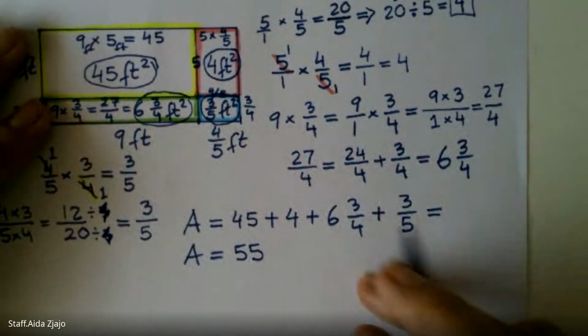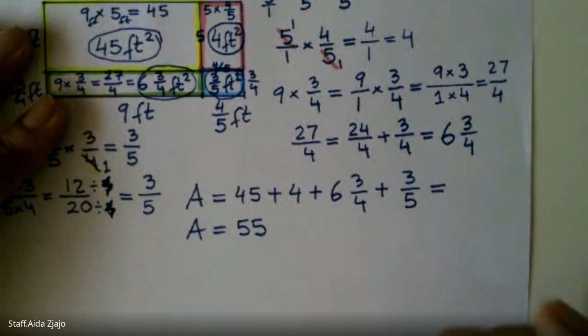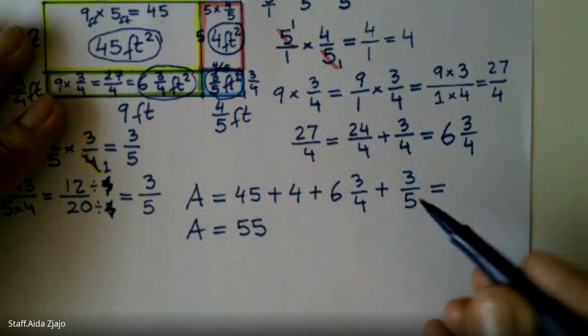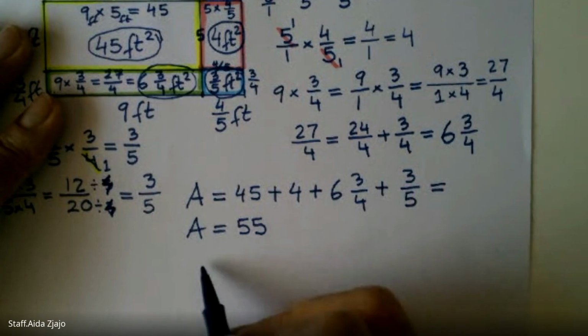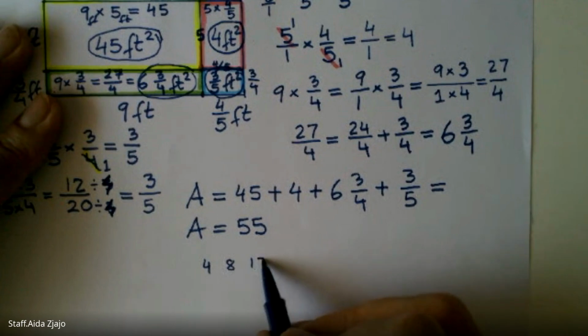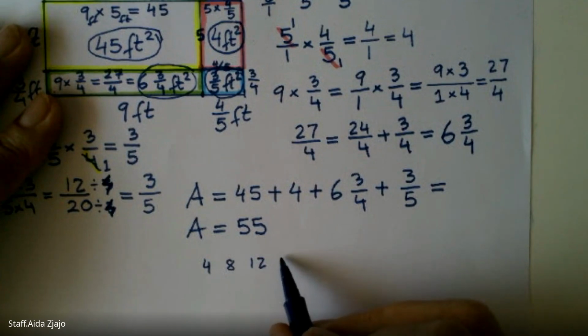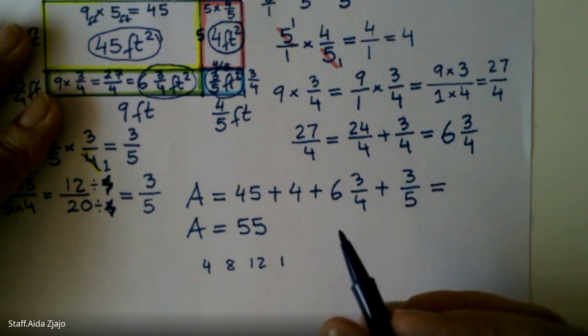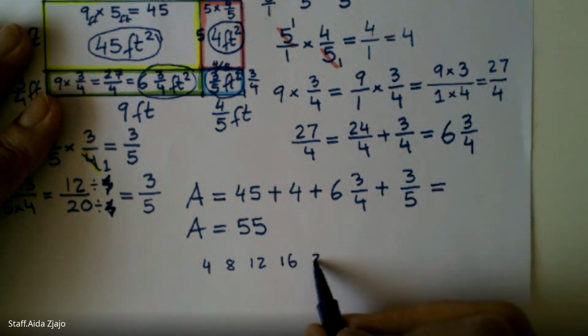If you don't know what number you will change both into, you can start thinking, okay, skip count by 4: 4, 8, 12, 16, and then 20.